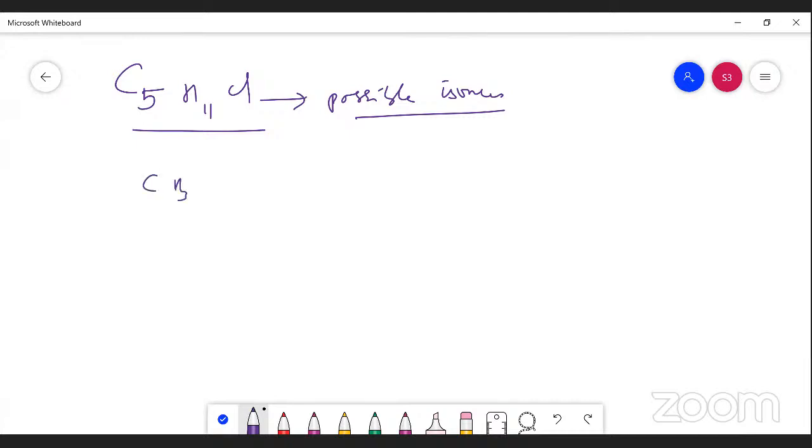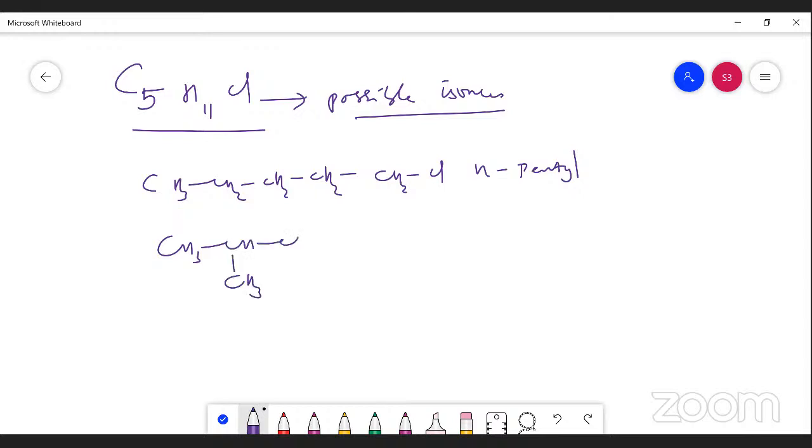CH3, CH2, CH2, CH2, then CH2, Cl. This is N-pentyl. That's all. Now I am going for this. CH3, CH3, CH2, CH2, Cl. See, 1, 2, 3, 4, 5 carbon is here. This is isopentyl.